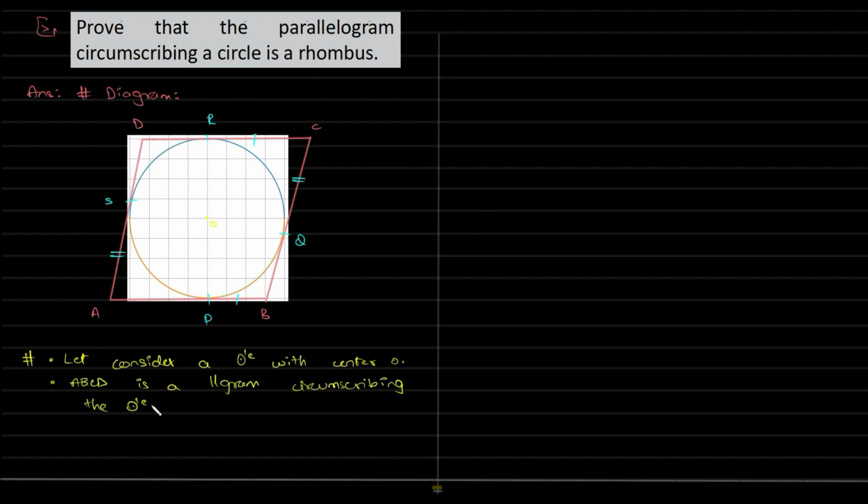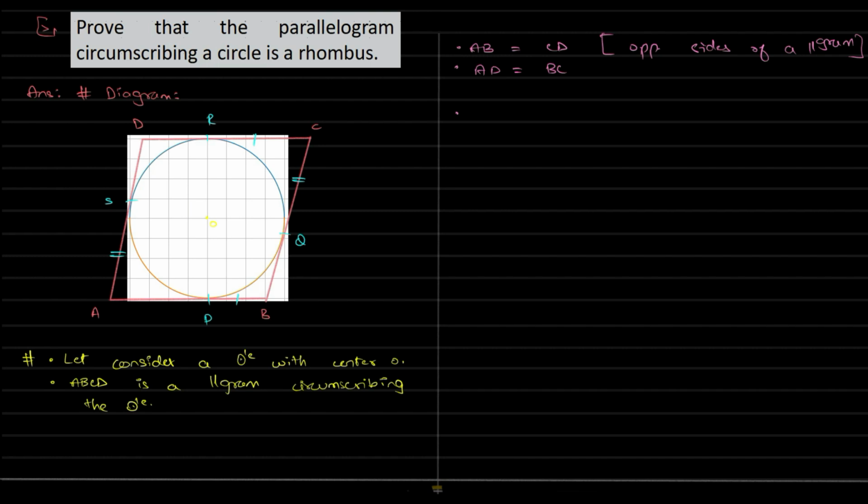And what else? Since ABCD is a parallelogram, AB is equal to CD and AD is equal to BC, opposite sides of a parallelogram. We'll make use of this, that's why I'm writing it. Let me complete this part first and not jump ahead.